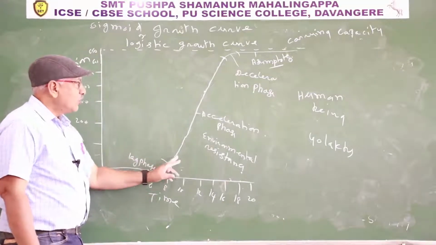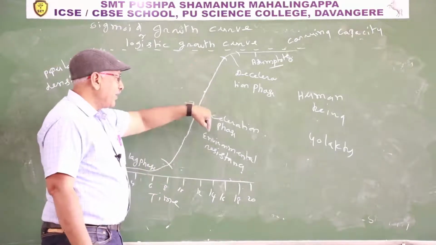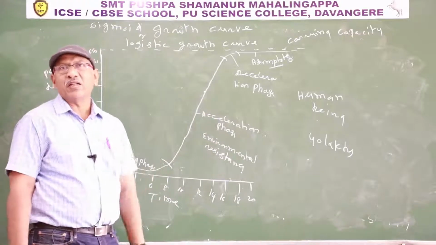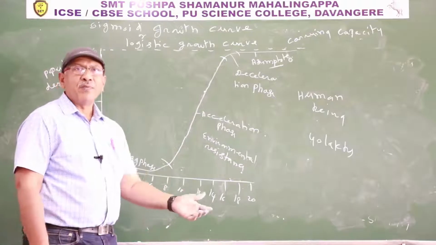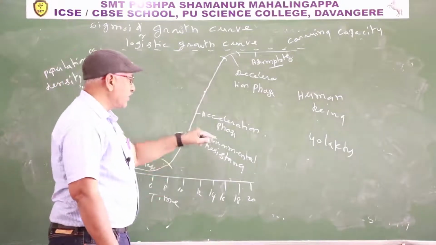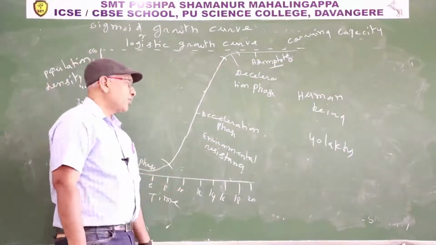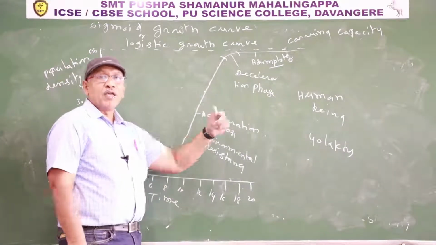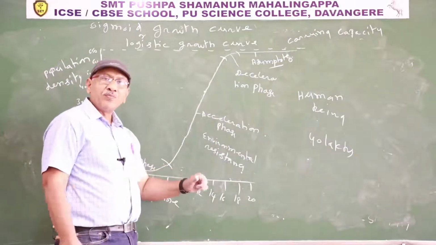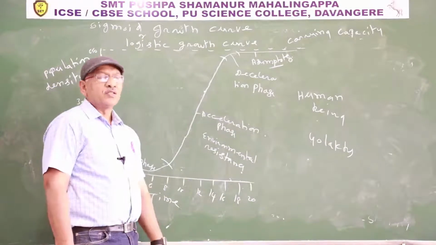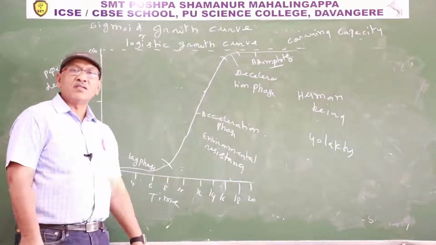So the 3 lakhs rapidly increases till they attain equilibrium with environmental resistance. What is environmental resistance? The sum of abiotic and biotic factors together is known as environmental resistance. What are abiotic factors? Available space to construct houses, available water, groundwater, similarly jobs. So these are the environmental resistance.